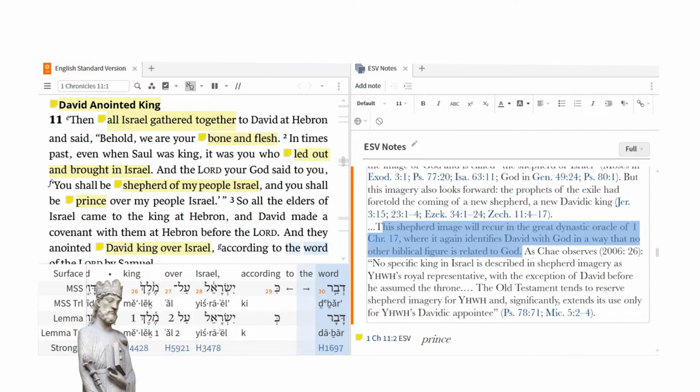And here he quotes another commentator who says, no specific king in Israel is described in shepherd imagery as Yahweh's royal representative, with the exception of David before he assumed the throne. The Old Testament tends to reserve shepherd imagery for Yahweh and significantly extends its use only for Yahweh's Davidic appointee.